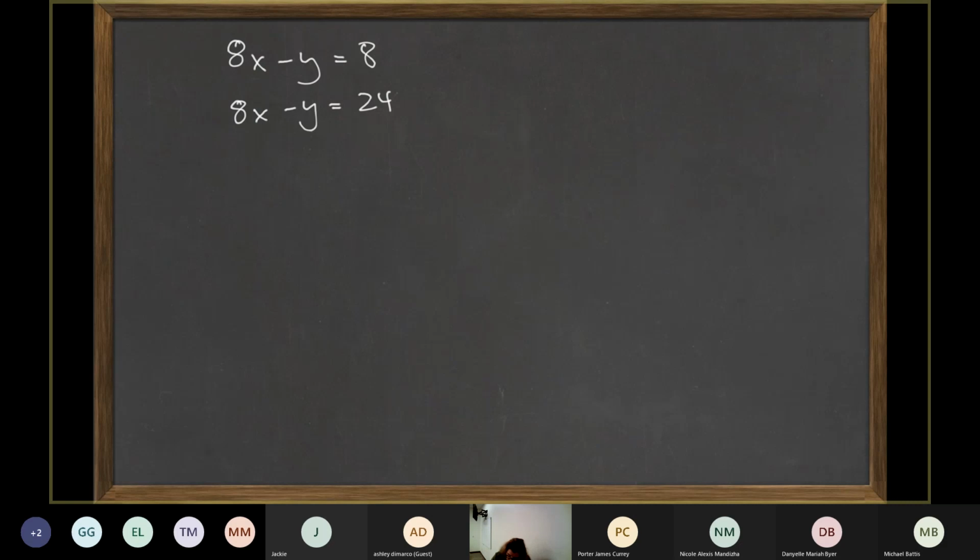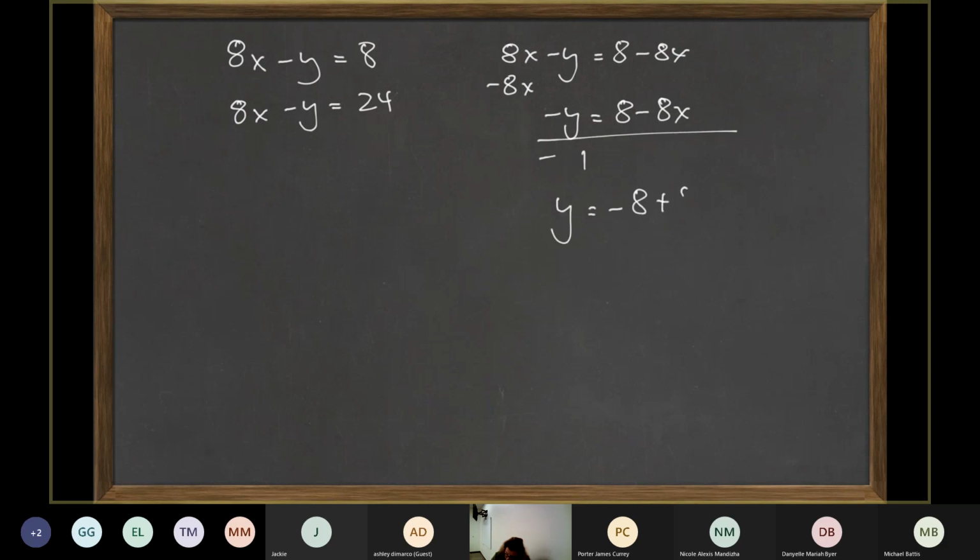So 8x minus y equals 8. I subtracted 8x, right? And I got negative y equals 8 minus 8x. And then I divided everything by -1. Y equals -8 plus 8x. So that's the first equation.